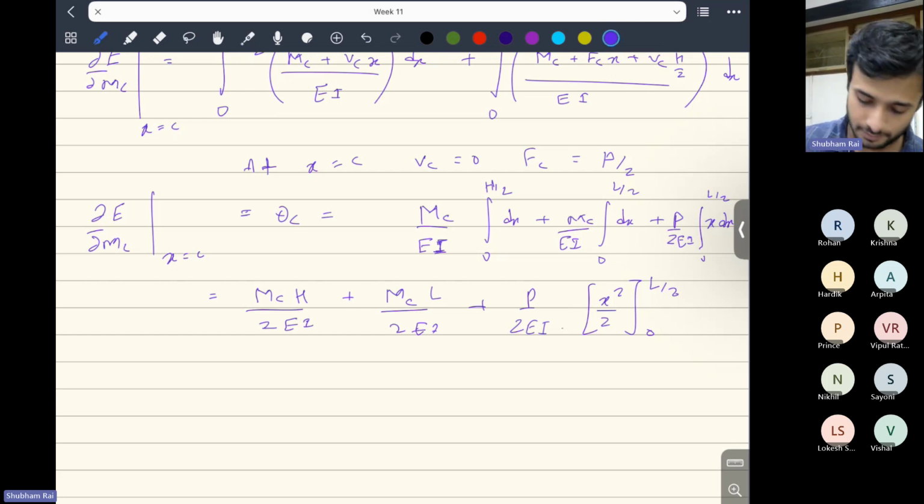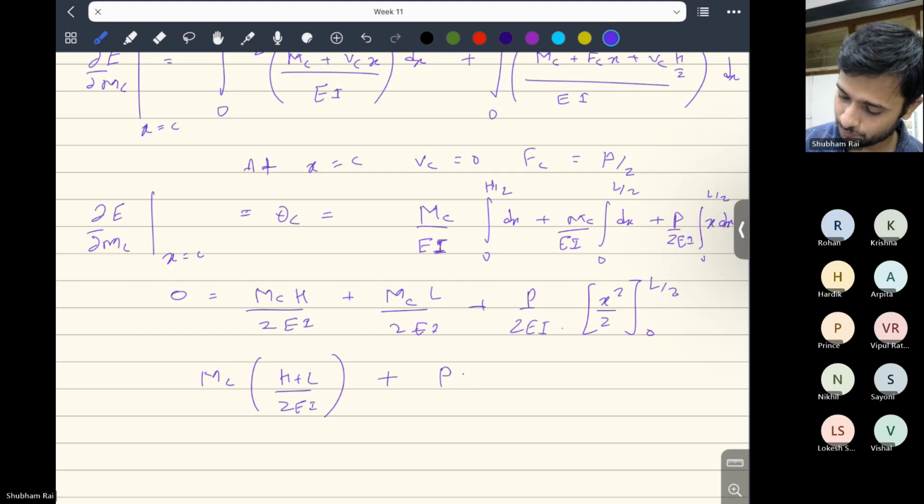So finally, the expression for MC that you are getting, and obviously this should be equal to 0. If you now take MC common, you will get H plus L over 2EI, and plus PL square over 16EI, and this will be equal to 0. So I can just directly write this will be equal to minus of PL square over 16EI, right?